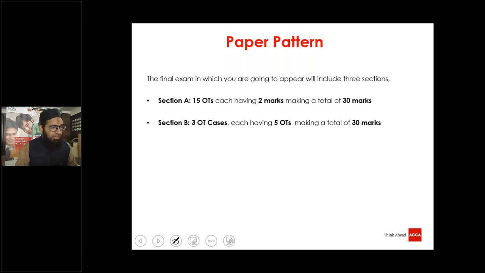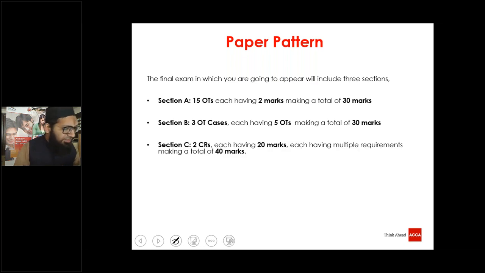Then we have section B, with 3 OT cases, each having 5 OTs, making a total of 30 marks once again. So in total we will have 15 objective tests there.